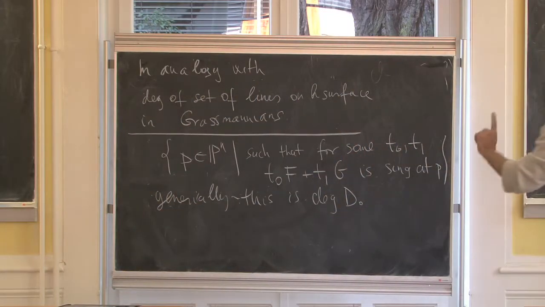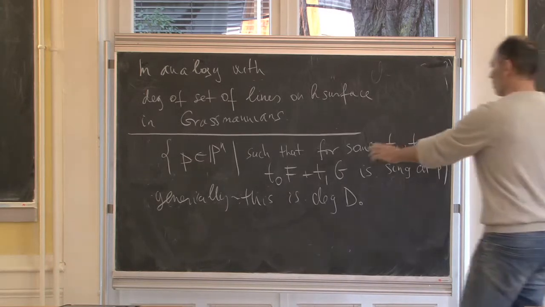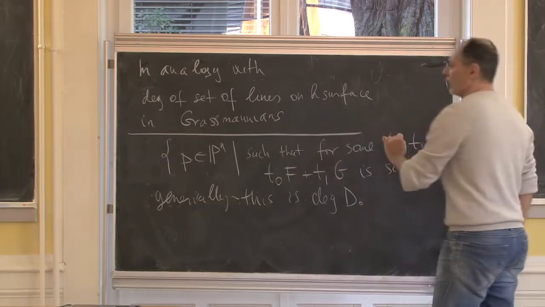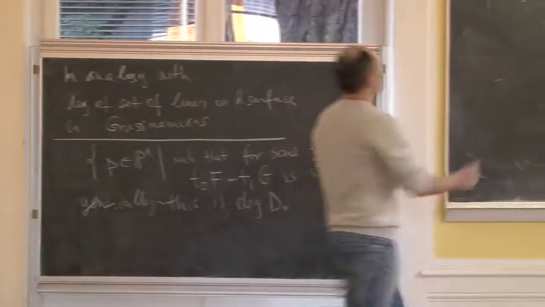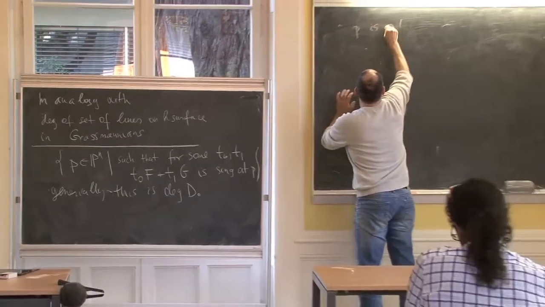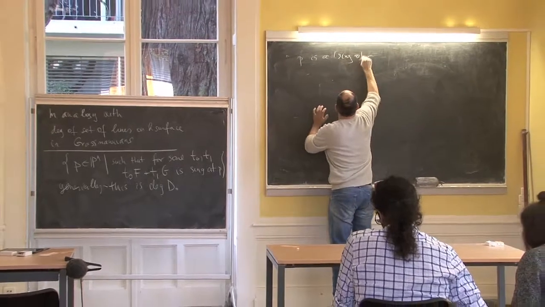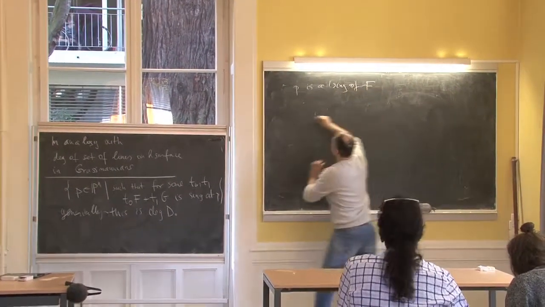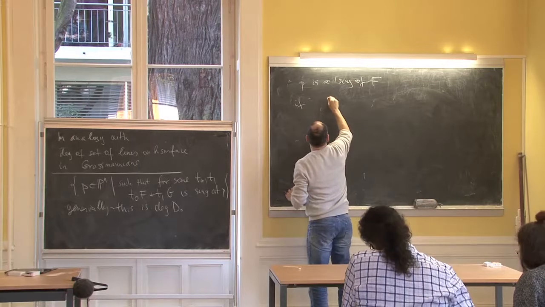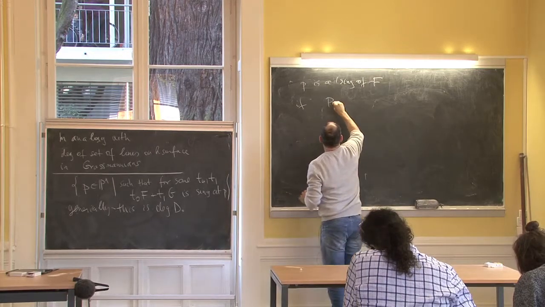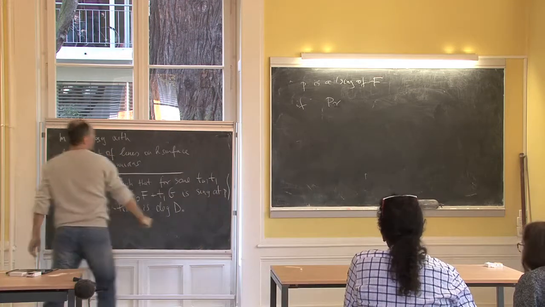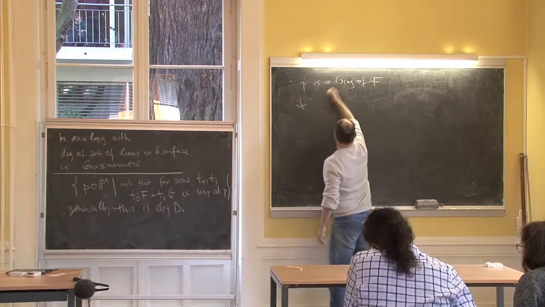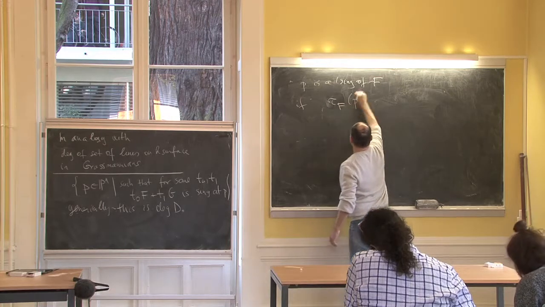So what is it that we need to do now? What does it mean that the point is singular? A point P is a singular point of some f if the principal part, tau f at P, is 0.